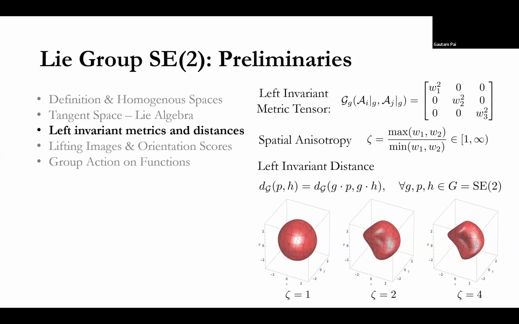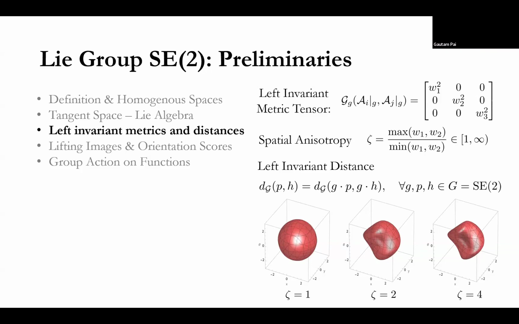The important thing is what I'm going to call the spatial anisotropy of this metric, which is the ratio of the first two elements, whichever is larger. When the anisotropy is 1, you have a distance that looks like a sphere.